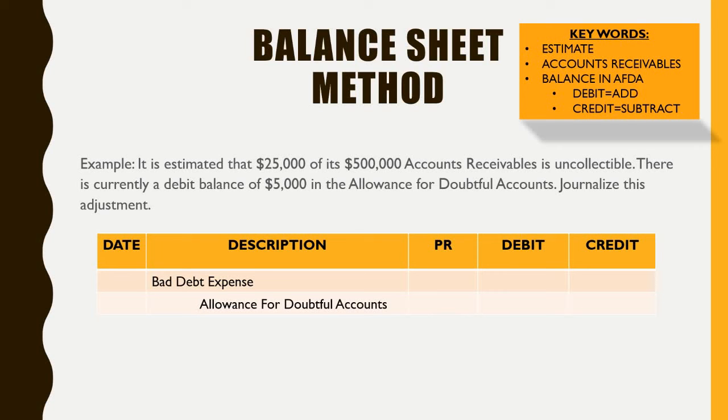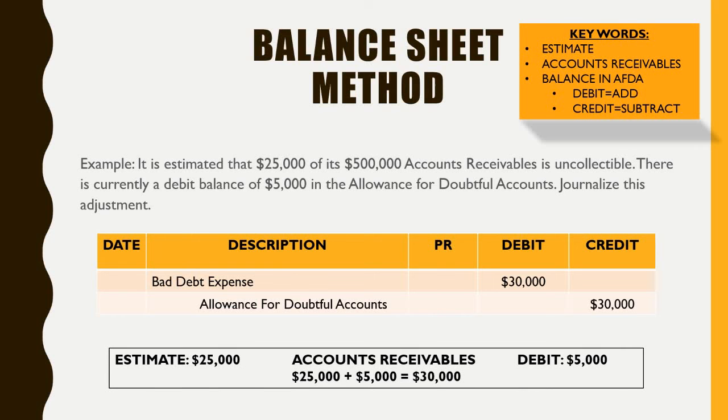Again, I have a debit balance. Because I recognize I have a debit balance, I need to add these numbers together. So my total is going to be $30,000 that I need to credit my allowance for doubtful accounts for, and I'm going to write off my bad debt expense for. Okay?